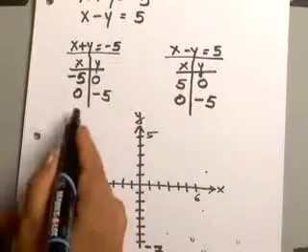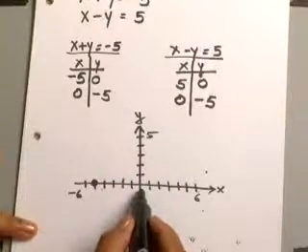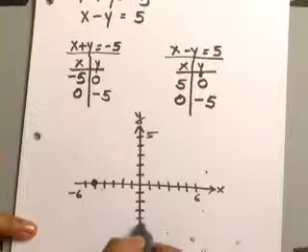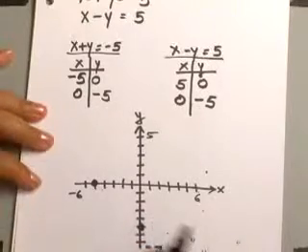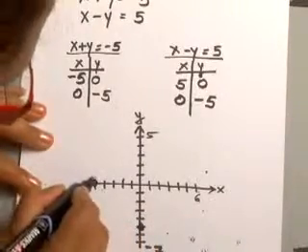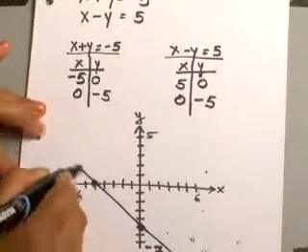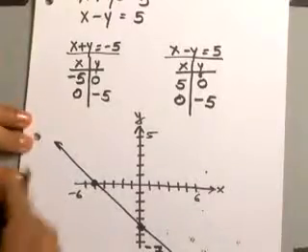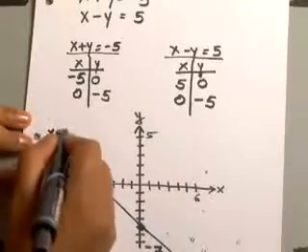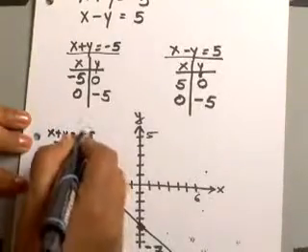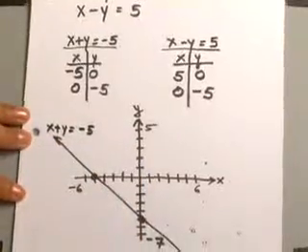Then you have (0, -5) as your second point on that line, which will be this point right here. We can draw our line through those 2 points, and this will be our line x plus y equals -5.